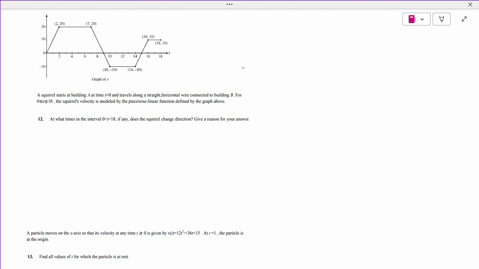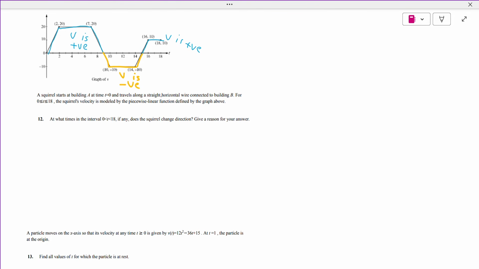So we know that here at this part the velocity is what? V is positive because it's above the x-axis. Here V is positive because it's above the x-axis, right? But here V is negative. So at what t value does V change direction?